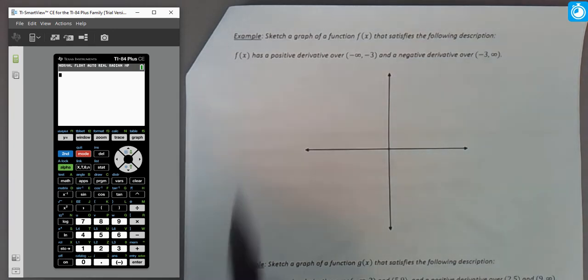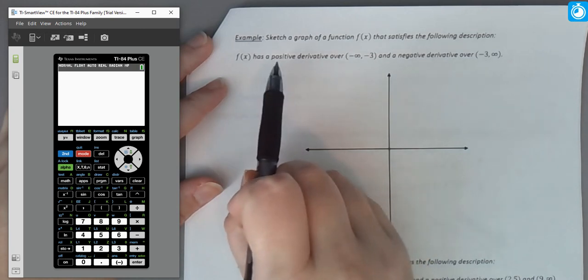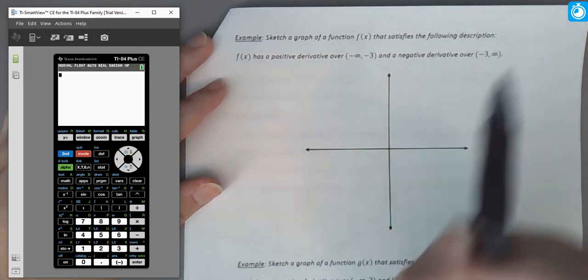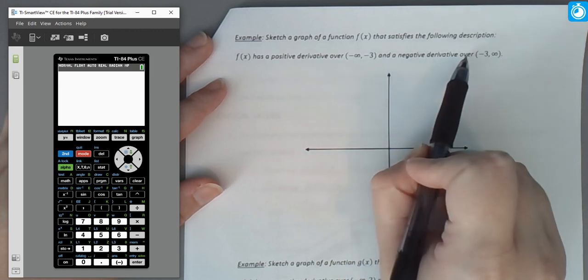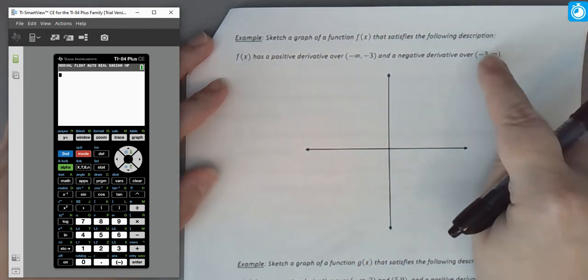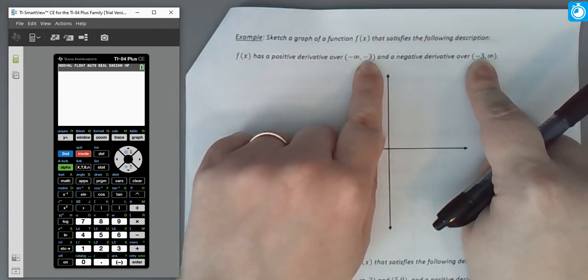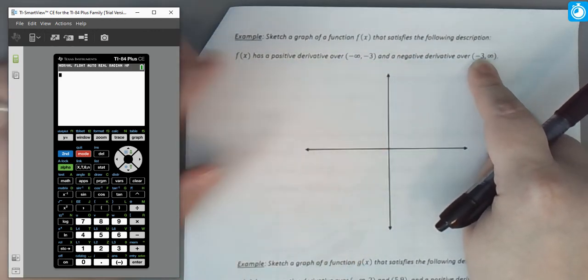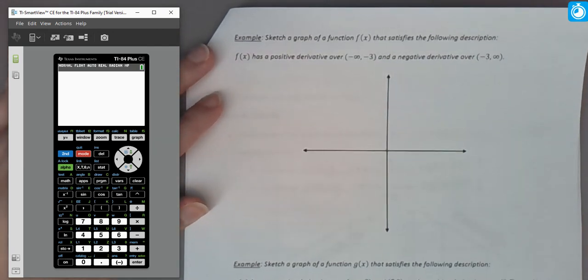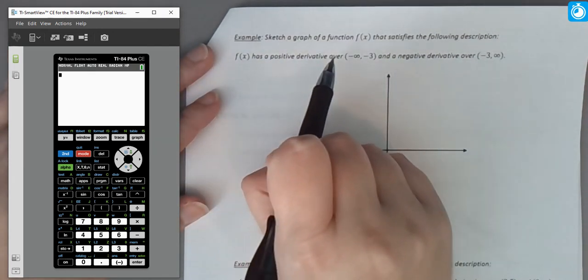So what we know about the function here is that it has a positive derivative from negative infinity to negative 3, and it has a negative derivative from negative 3 to infinity. So more than likely, we can say that negative 3 is a critical value. Negative 3 is where we change from one behavior to the next. Now what does positive derivative mean?